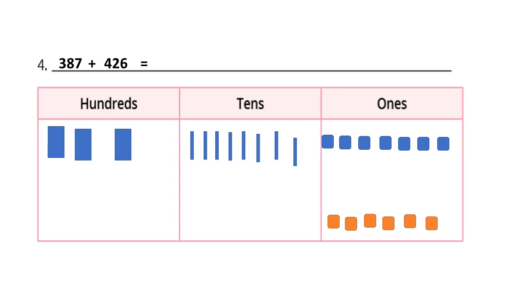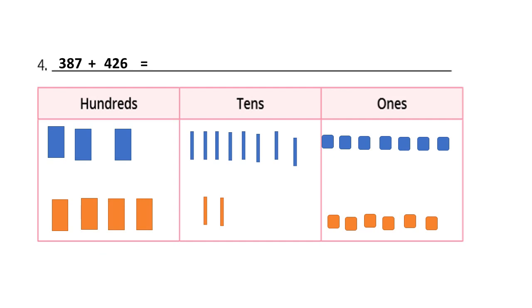And what is the number written in the tens? 2. Let's represent 2. 1, 2. Okay. And what is the number written in the hundreds here? Yes, 4. Let's represent 4. 1, 2, 3, and 4.